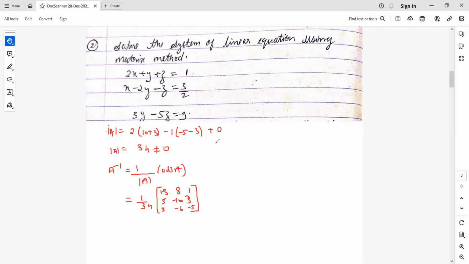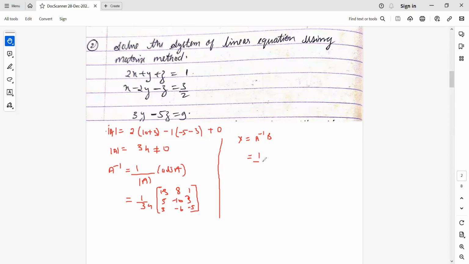Next, the last step what we need to do is using the formula. What is the formula we have discussed by matrix method? We have obtained X is equal to A inverse into B. So substitute in this formula.